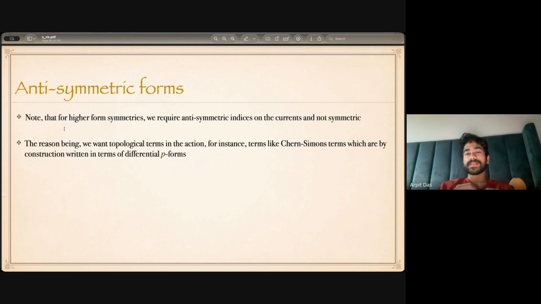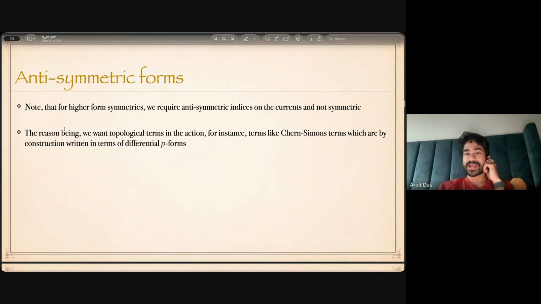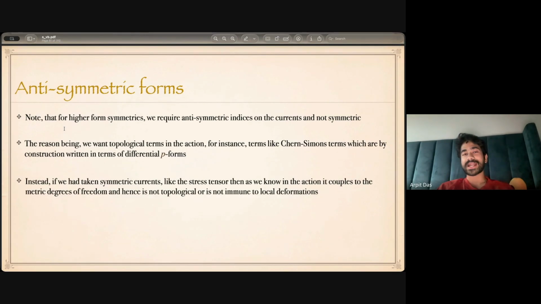So that's why differential forms are the usual language to write down topological objects in the action, and they don't couple to the metric. This is the reason why we only talk about antisymmetric or differential forms in this picture: first, we are dealing with global symmetries, and second, we want them to be topological or impervious to any smooth deformations.